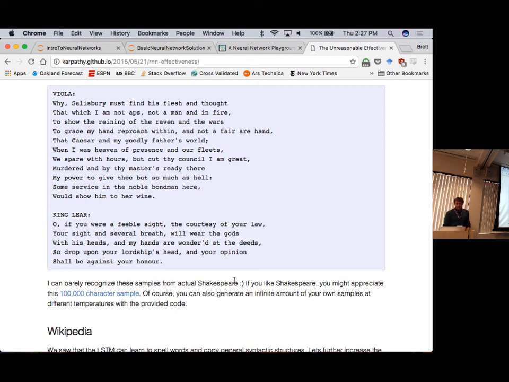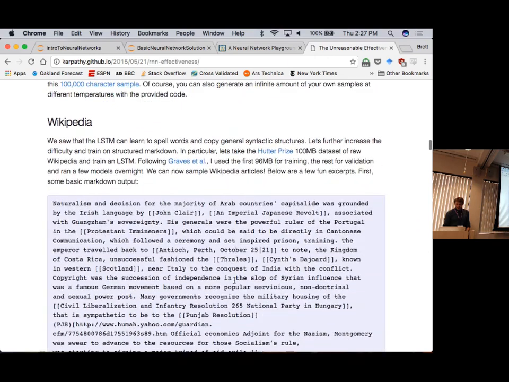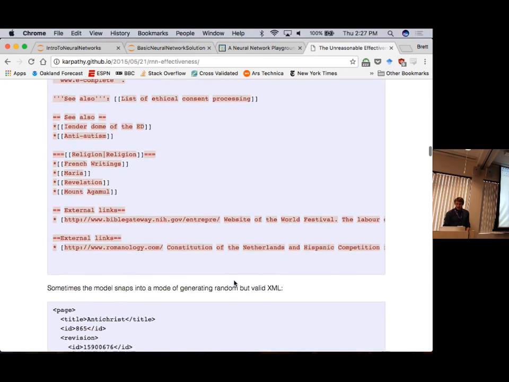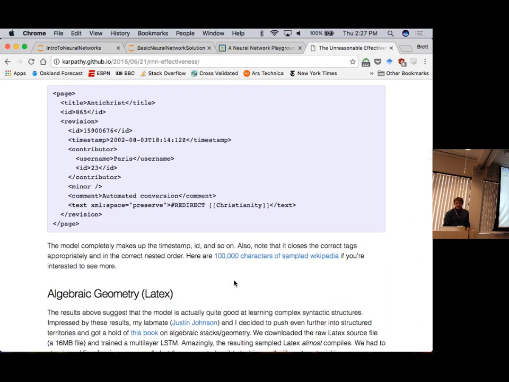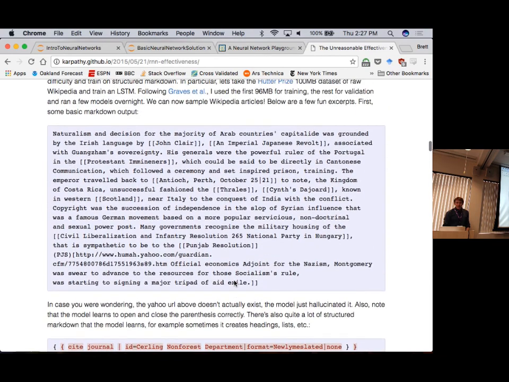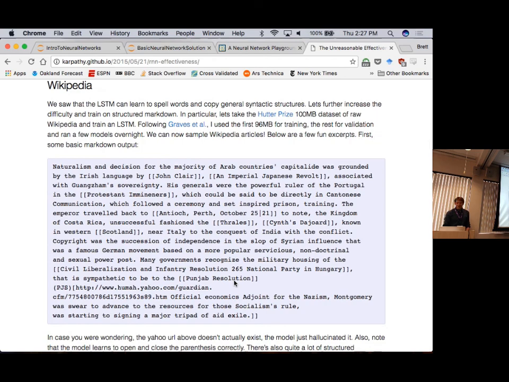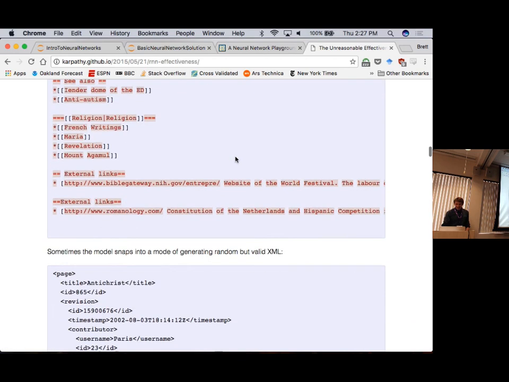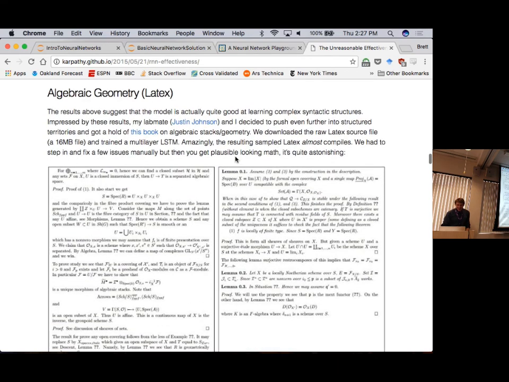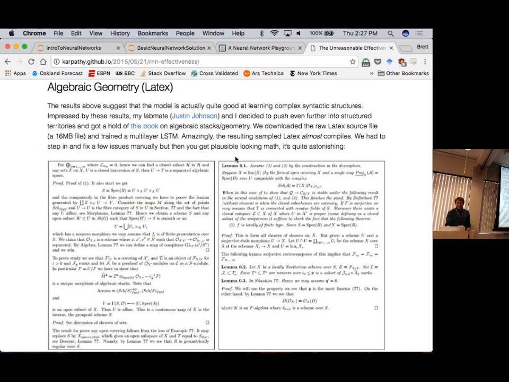Wait, was that naturally generated philosophy? I'm not sure what this was trained on. Oh, just a bunch of Wikipedia. This is actually my favorite. The randomly generated algebraic geometry.